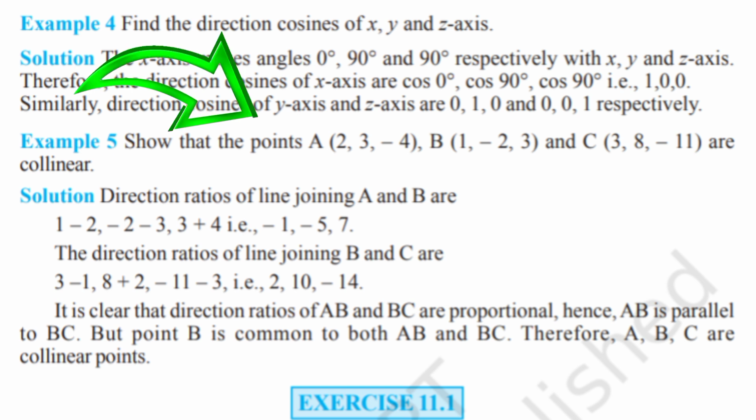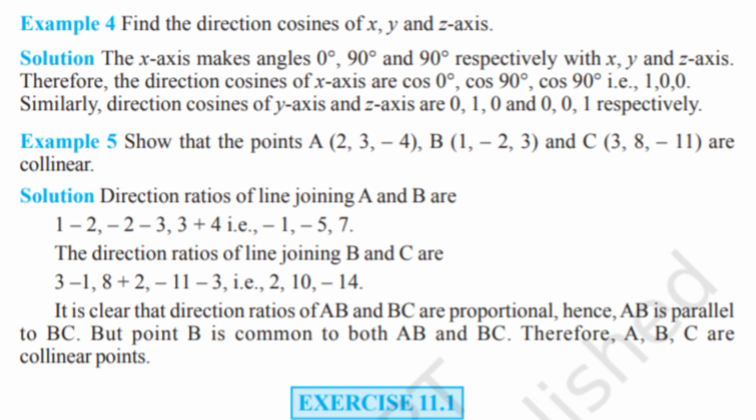Example 5. Show that the points A(2, 3, minus 4), B(1, minus 2, 3) and C(3, 8, minus 11) are collinear. Solution.